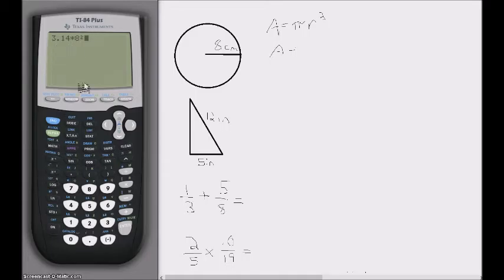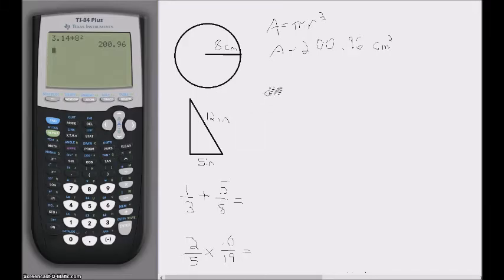So then we have 3.14 times 8 squared. Hit enter, and we're going to get about 200.96 centimeters squared.